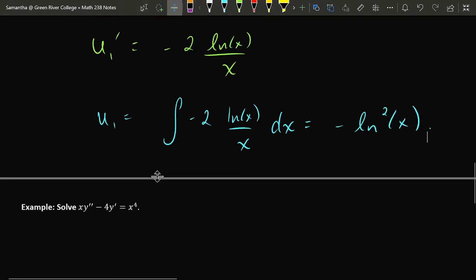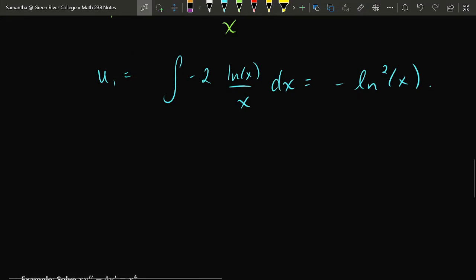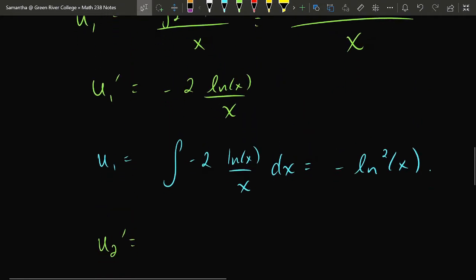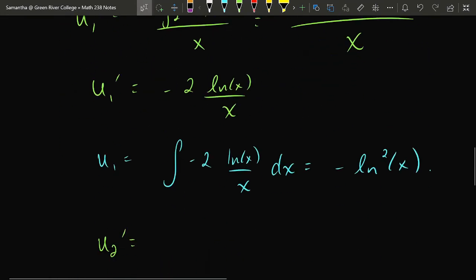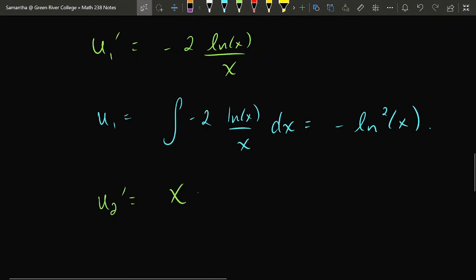Let's repeat the calculation for u sub 2. u sub 2 prime is equal to our first complementary solution, our first complementary solution being just x, multiplied by our function f of x, and divided by the Wronskian that we calculated.